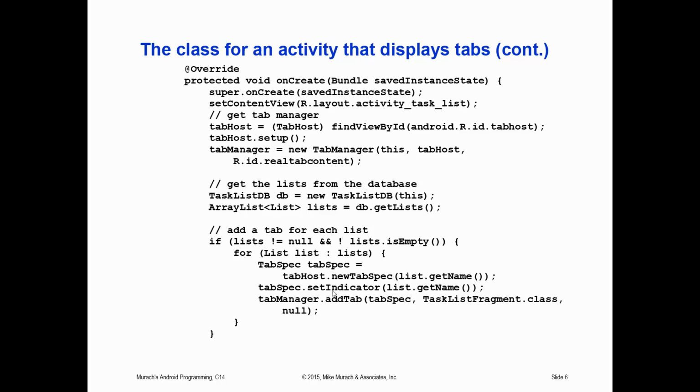Within the loop, the first statement right there creates a TabSpec object to set its tag to the name of the list. Next, it uses the setIndicator method to set the label that's used for the name of the list. Third, it uses the addTab method of the TabManager class to add a tab and its content to the tab host.